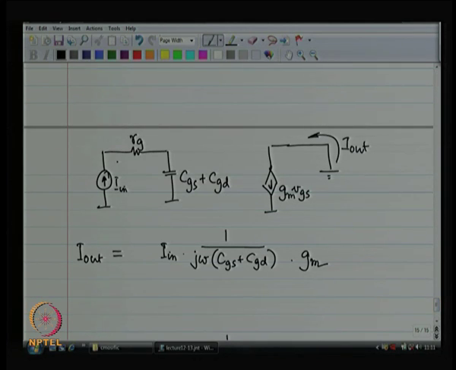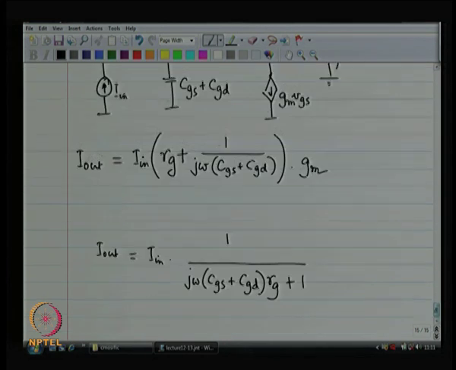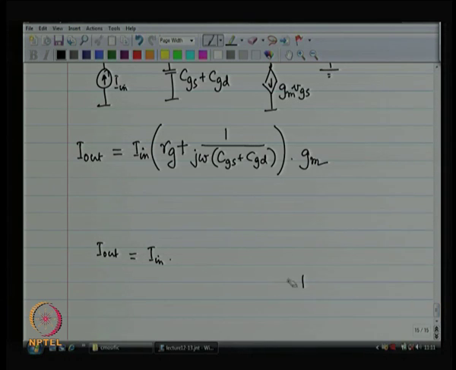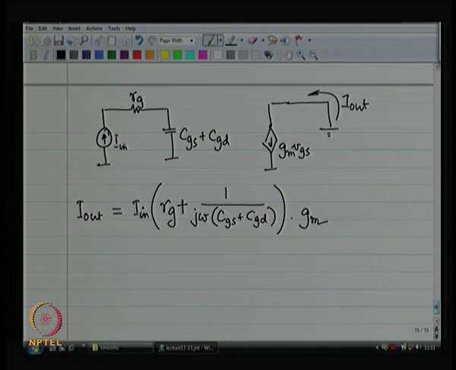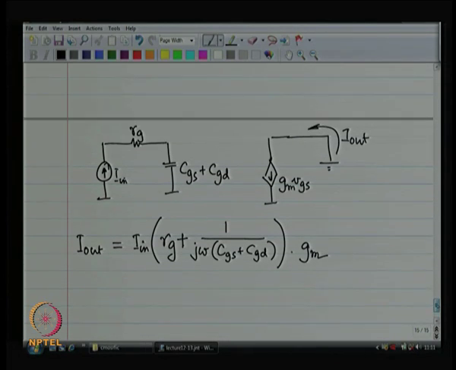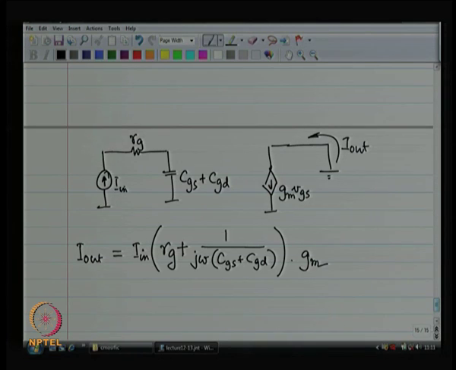Oh, all right. That is my corrected version in fact, which accounts for the presence of the gate resistance.